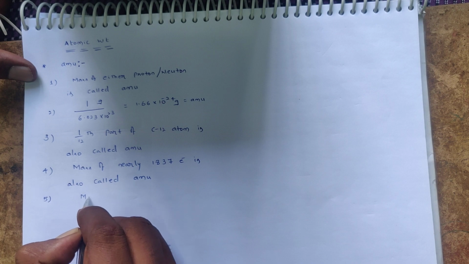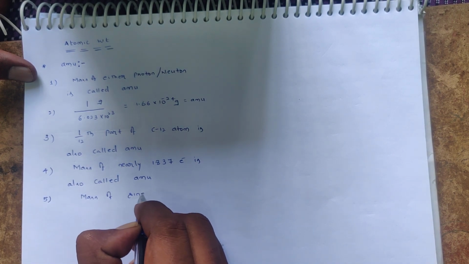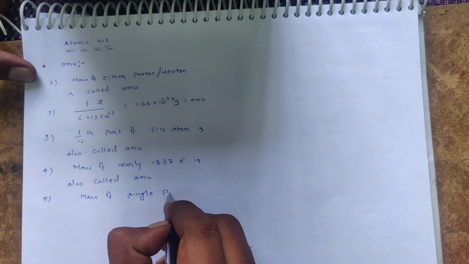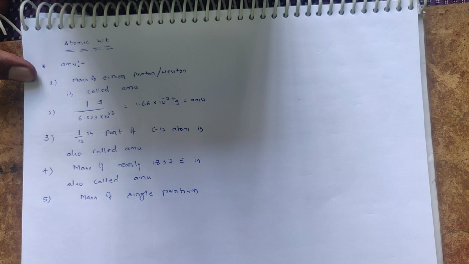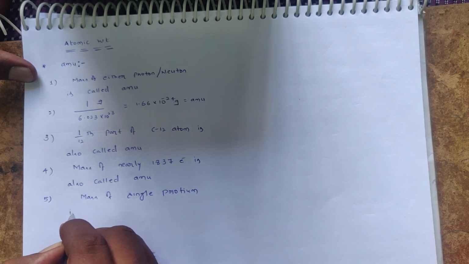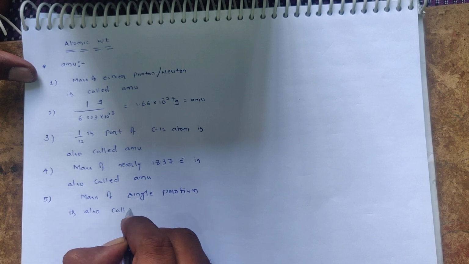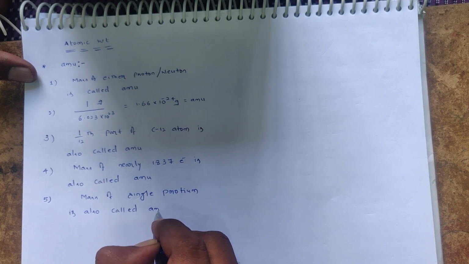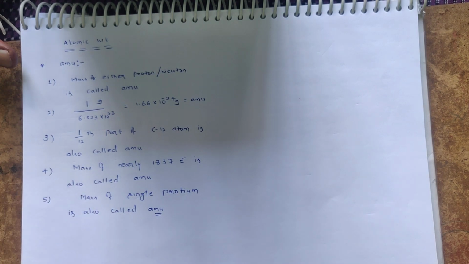And one more definition is also there: the mass of a single protium atom is also called AMU. This is the definition of AMU.